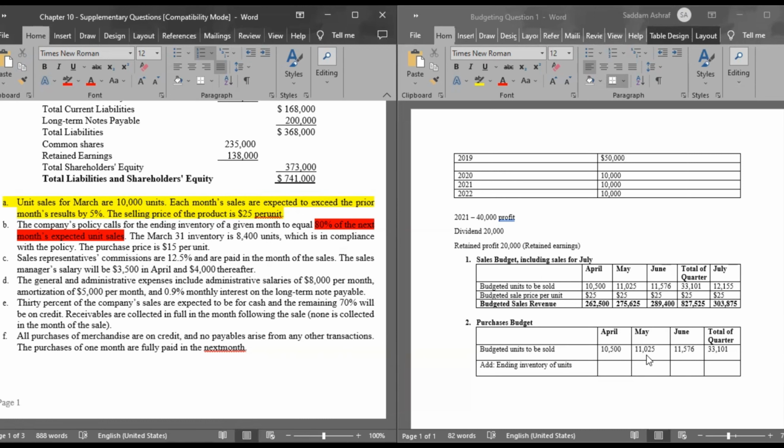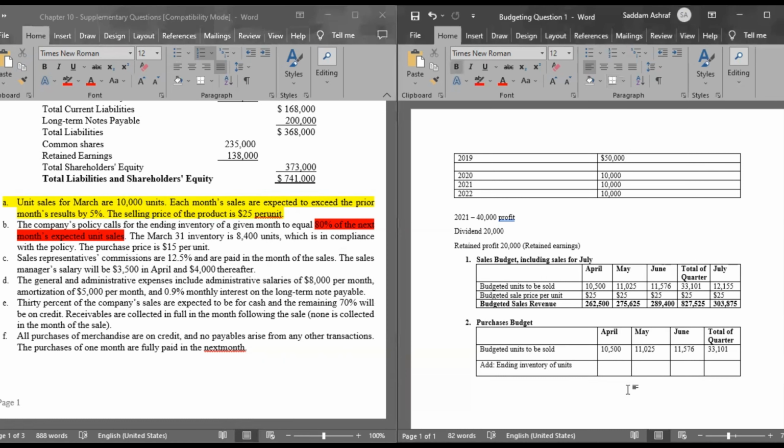If you have 11,025 units to be sold in May, how many units do you need to keep in ending inventory in April? 80% of it, yes, exactly. Just calculate 80% of May and it will be the ending units of April: 8,820.